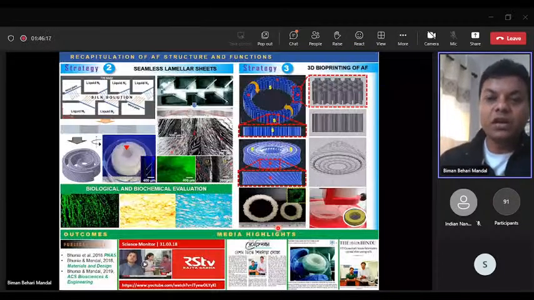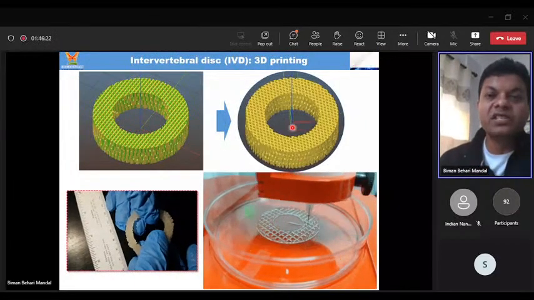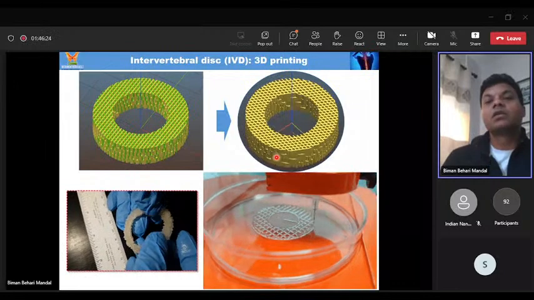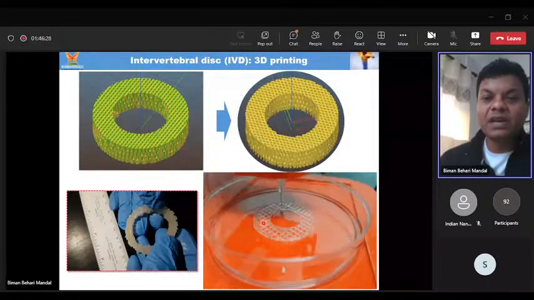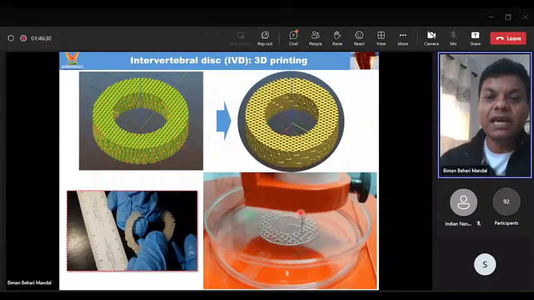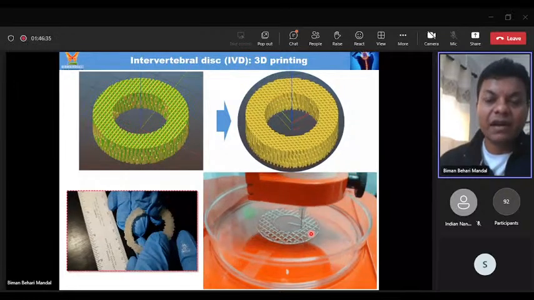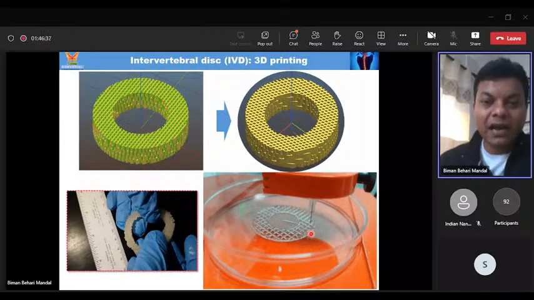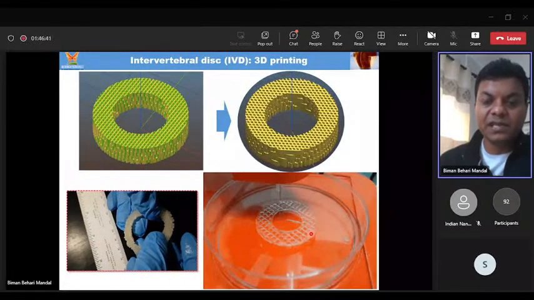So to cut it short, this is the 3D printed dimensions of the intervertebral disc. It has a unique design, which is the dimension of the patient's intervertebral disc that got damaged. It can be created in less than half an hour, using cells of the intervertebral disc or stem cells.